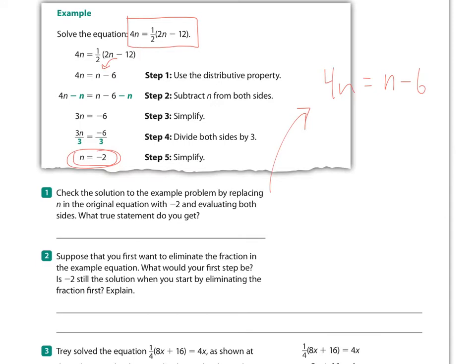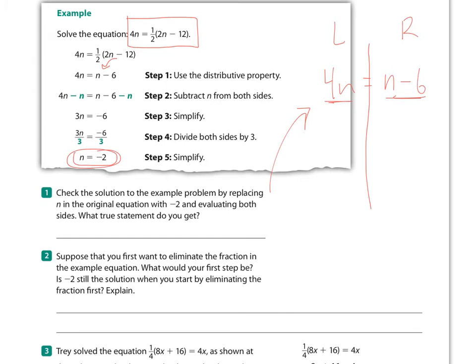And remember, in an equation, all it tells us is that the left side is the exact same thing as the right side. They don't look like it because they're expressions: I've got the expression 4n and the expression n minus 6. They look different, but all an equation says is the left side is equal to the right side.